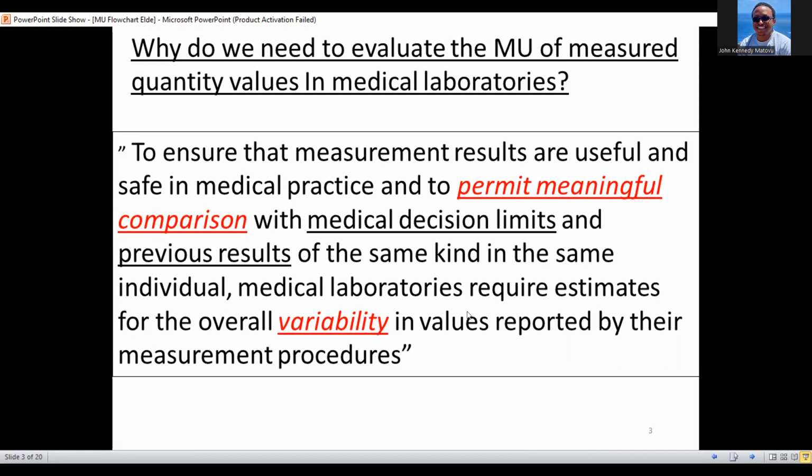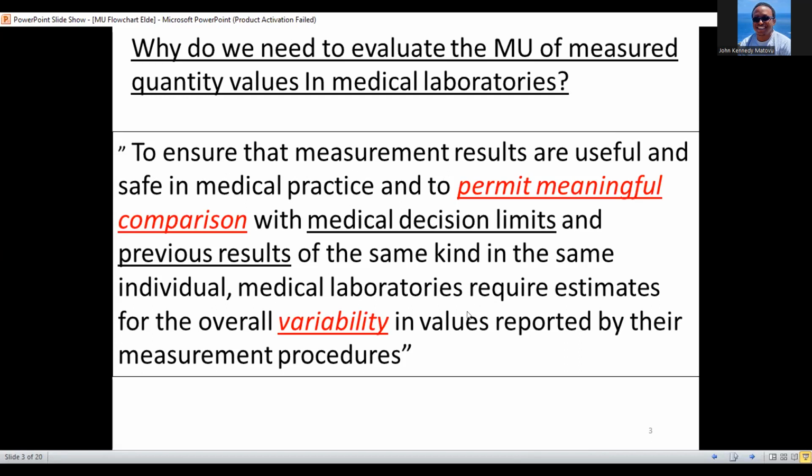The result that we obtained with medical decision limits and previous results. And that's what we were doing with the HbA1c, comparing the previous results to the current results. To permit meaningful comparison with medical decision limits and previous results of the same kind of individual, medical laboratories require estimates for the overall variability.